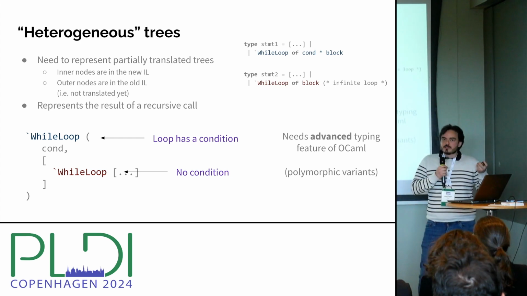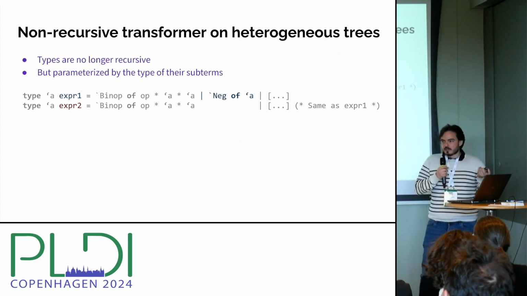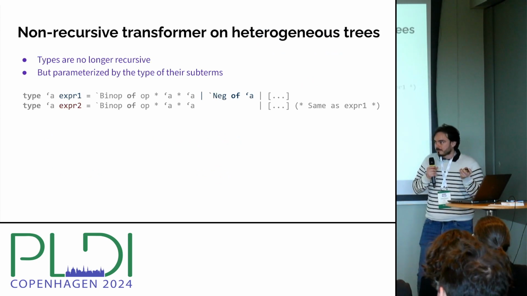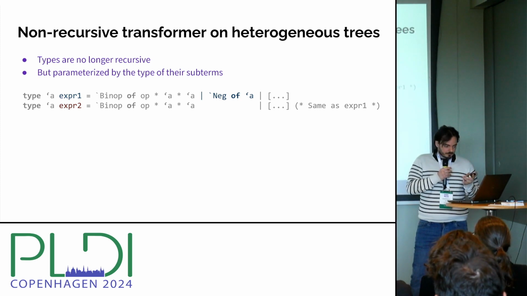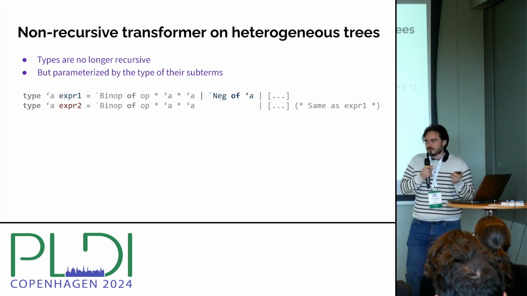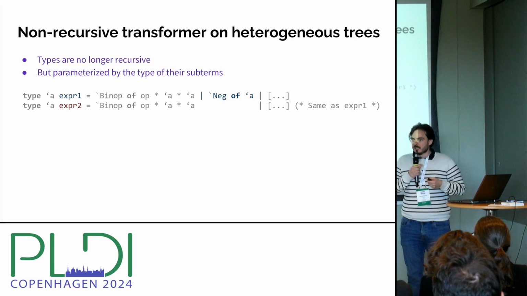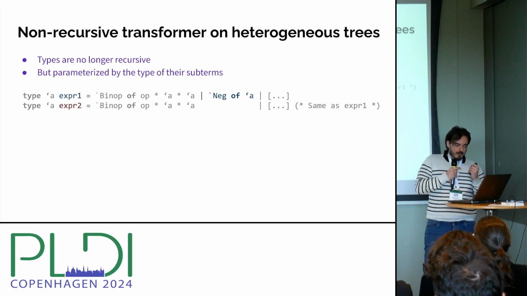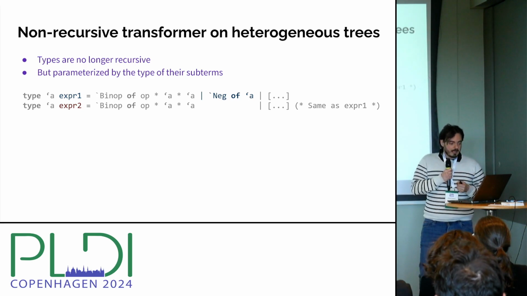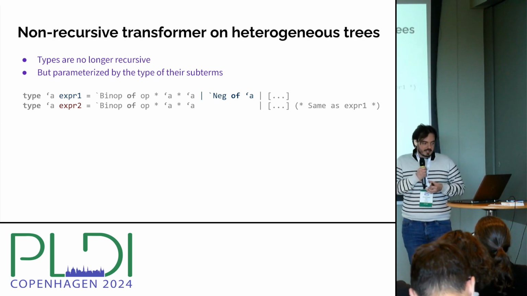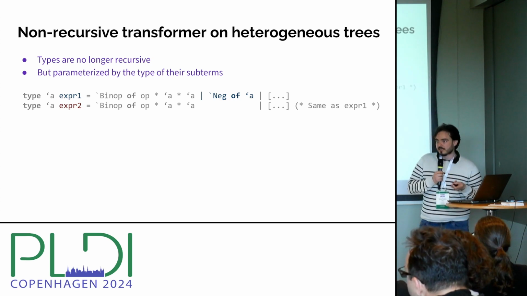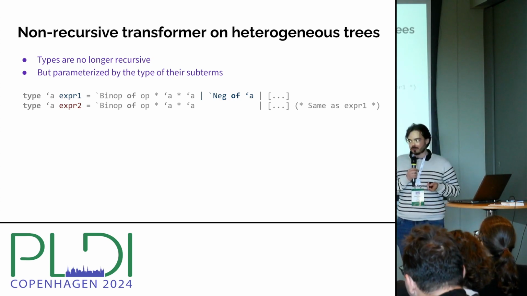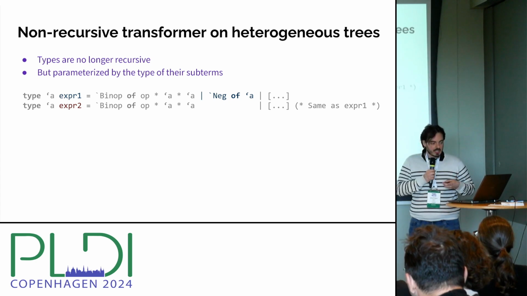So then what does the type look like? We need the heterogeneous tree again. So we completely removed the recursiveness of the types. We put this out of the type itself and made it parameterized. In that case, you can have a different type for the inner nodes of the expressions and the outer node.